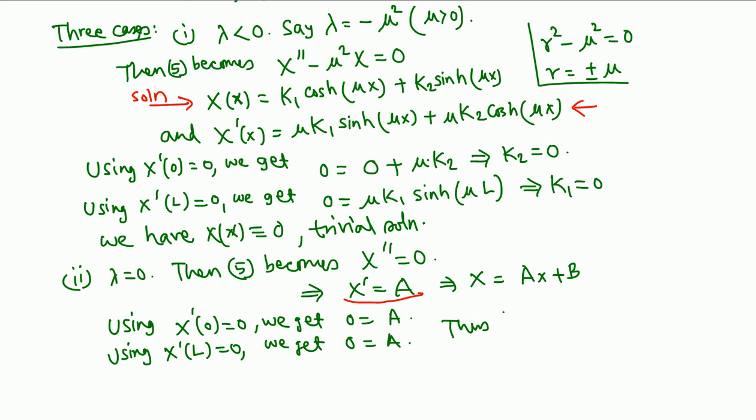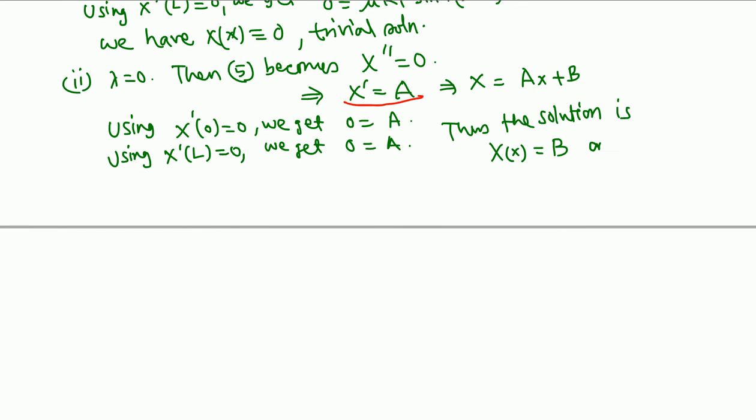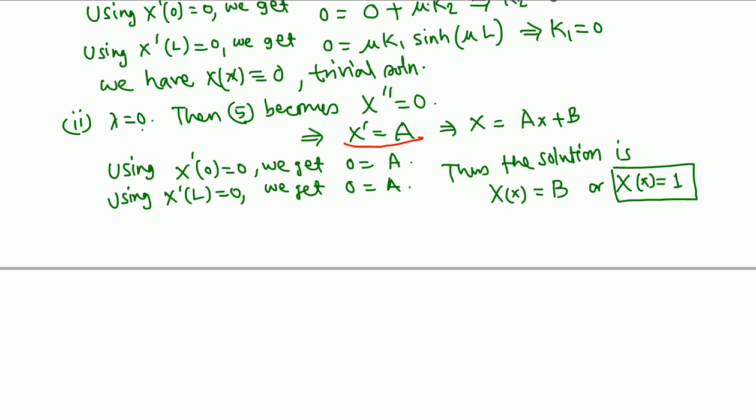Thus the solution in this case, which is sometimes called the eigenfunction, is X as a function of x equals just b, just a constant, or simply we can say X equals 1. Okay, so lambda equals 0 is an eigenvalue in our case, and the solution is a constant solution, and we are taking 1.